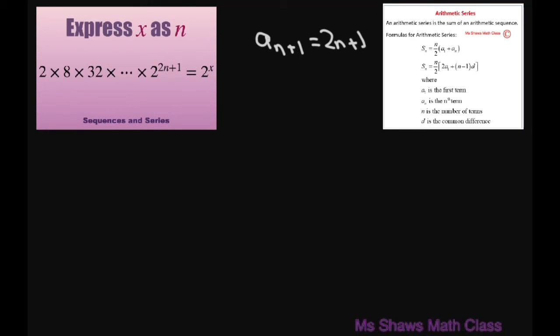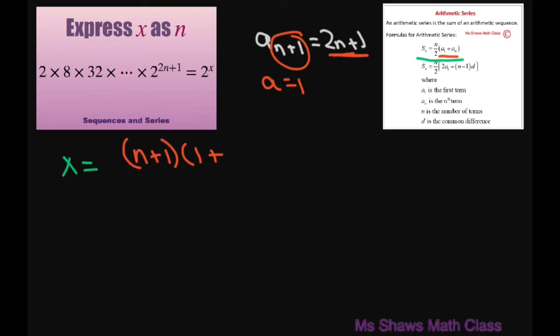So therefore, x equals, using this formula, your n, this is your n, so that's going to be n plus 1, and then we're going to do our first term, which was 1, plus your last term, and your last term is 2n plus 1, all divided by 2.